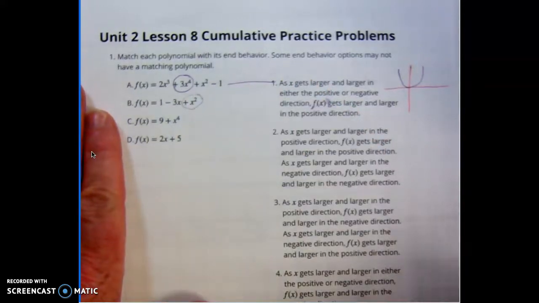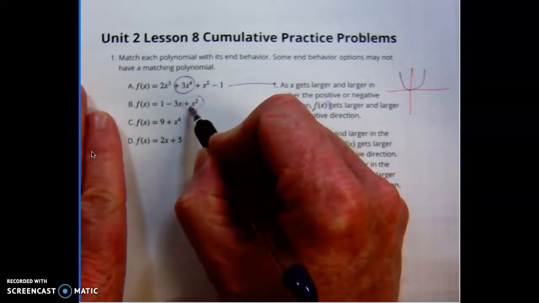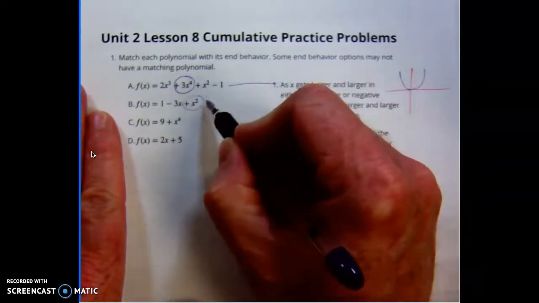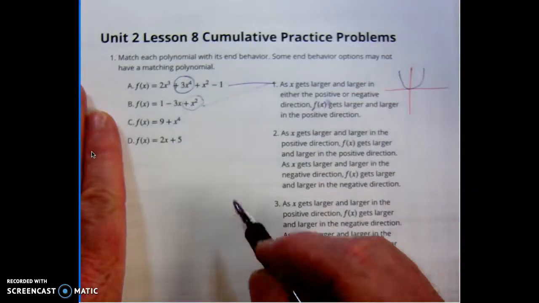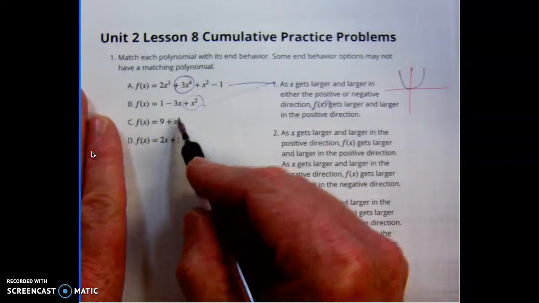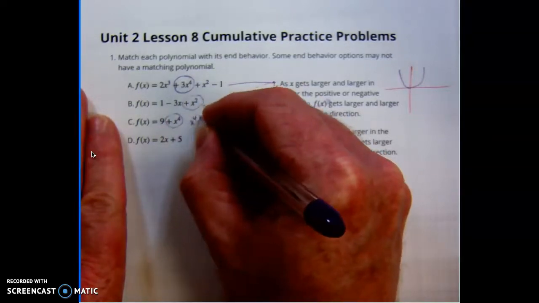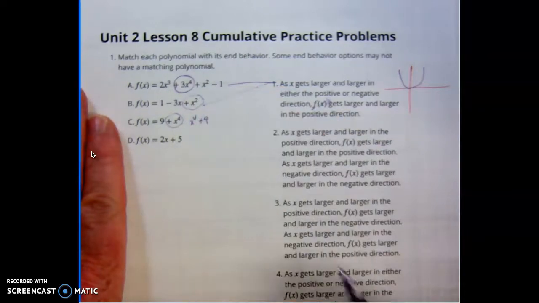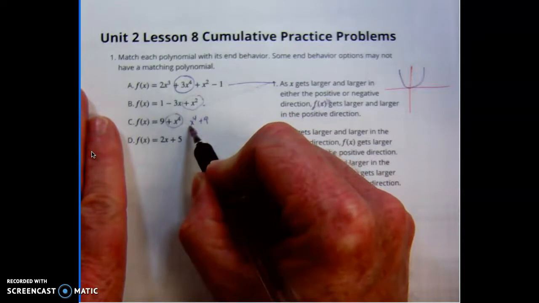It's still not in the right order. It's an even exponent with a positive value for a coefficient. So that's going to go up on both sides. Here, x to the 4th power, that's my leading term. It should have been written x to the 4th plus 9. So even exponent, leading coefficient is positive.